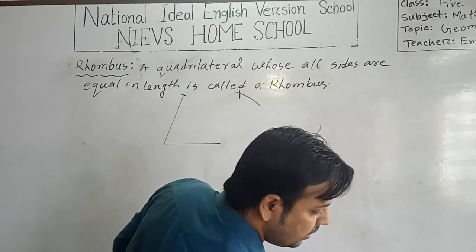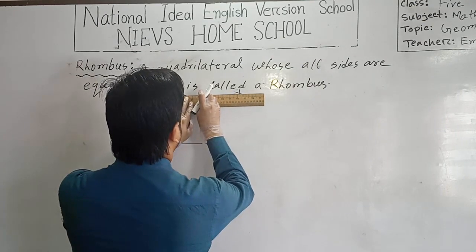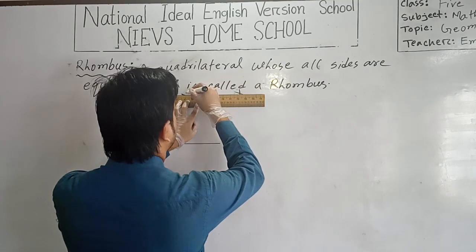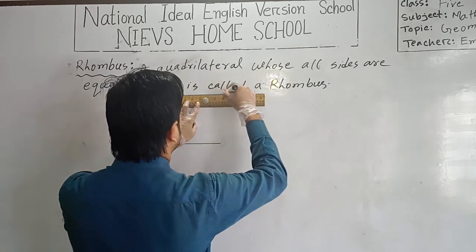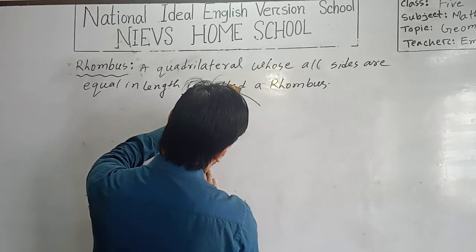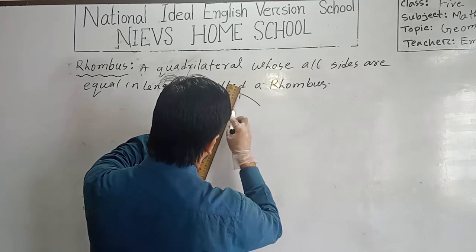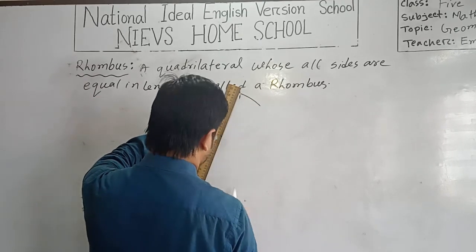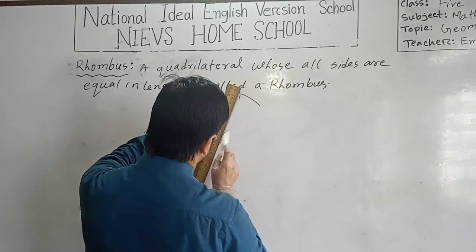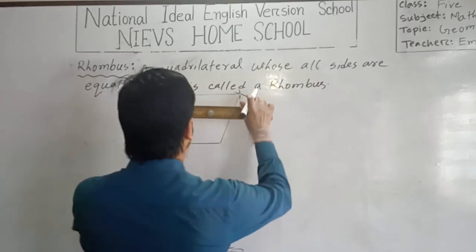Now join these points by the ruler. Now this is a quadrilateral.